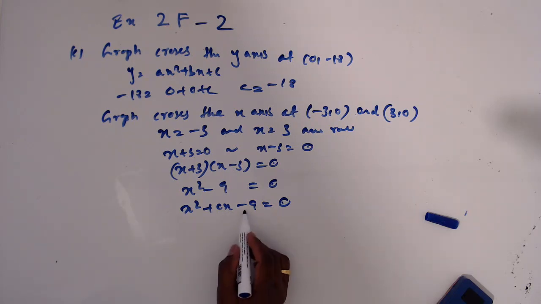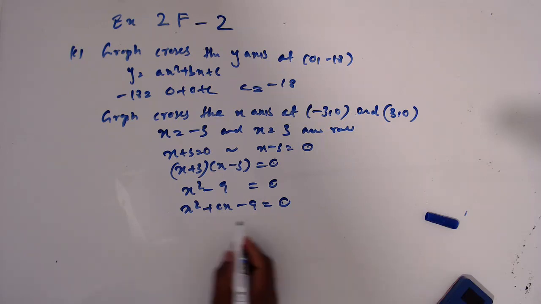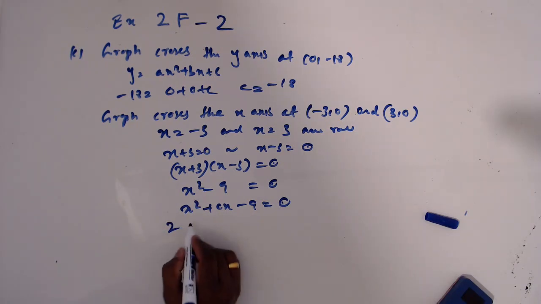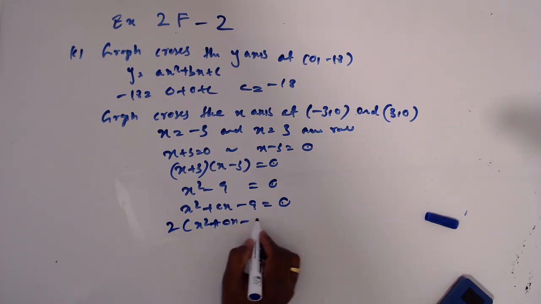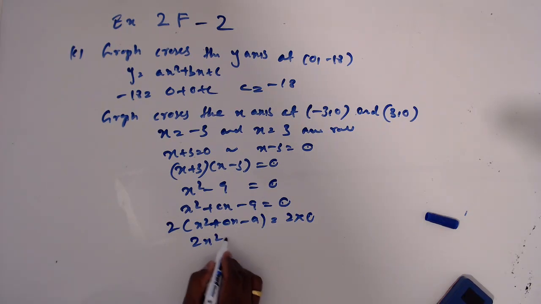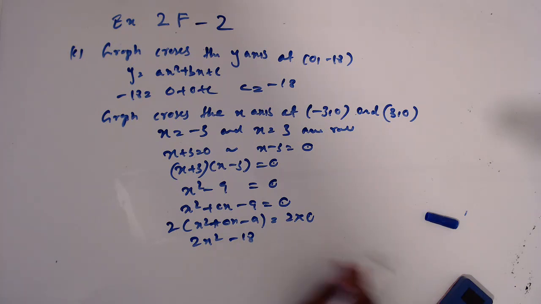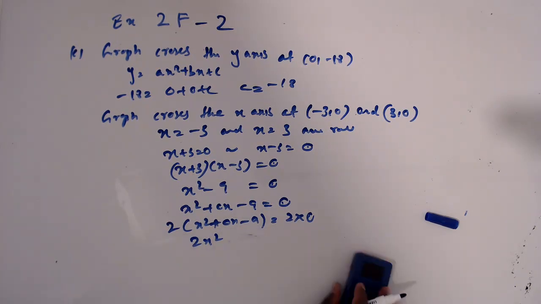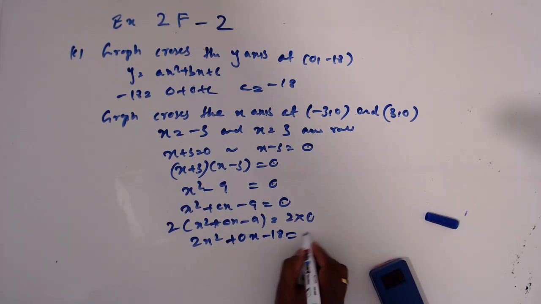Now when you look at this, the c value is minus 9, but we need c to be minus 18. Then we have to multiply both sides by 2. So this is 2x square plus 0x minus 18 equals 0.